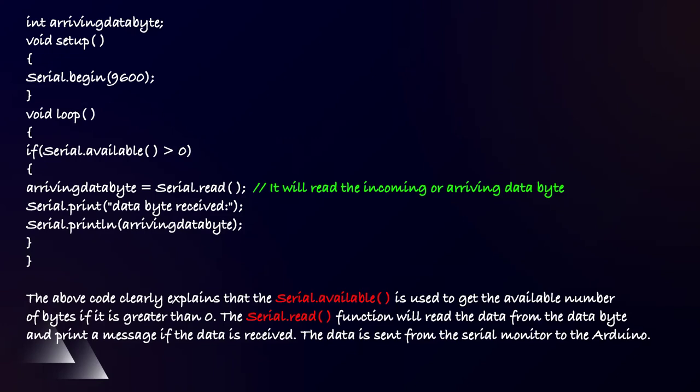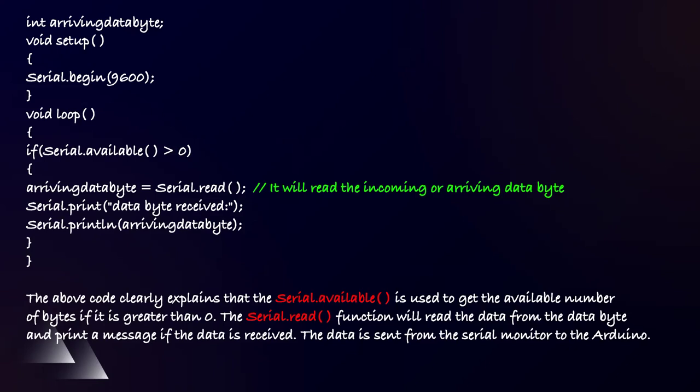It will read the incoming or arriving data byte, a very simple job. Then Serial.print the message that the data byte was received, and Serial.println arrivingDataByte. With println, we print it in a new line.